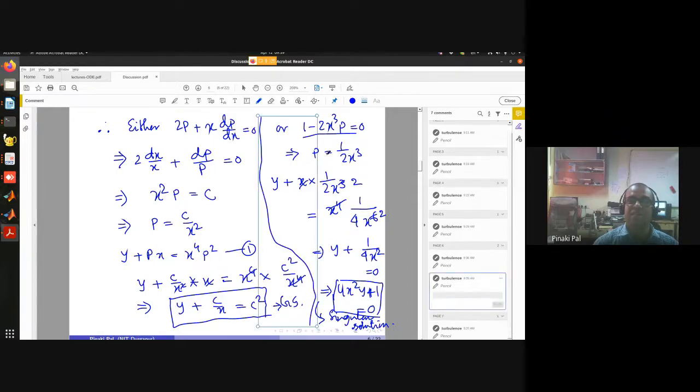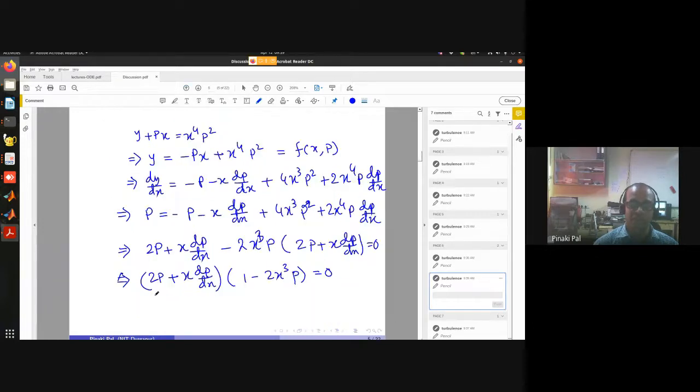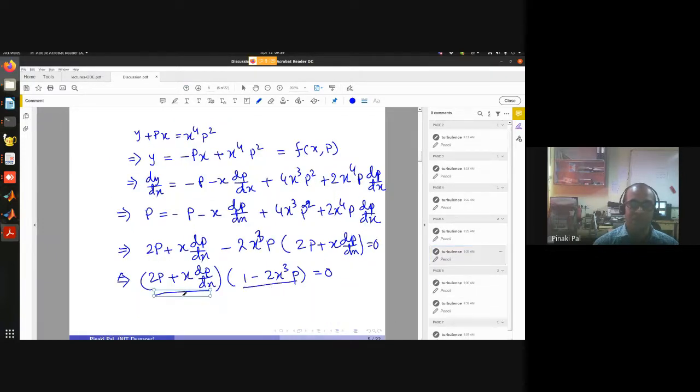And then there was another factor, 1 minus 2x cube p. And from that factor, we obtained p is equal to 1 by 2x cube. So you look at the factors, this one and this one. This factor gave us the general solution, and the other factor gave us the singular solution by involving the original differential equation.